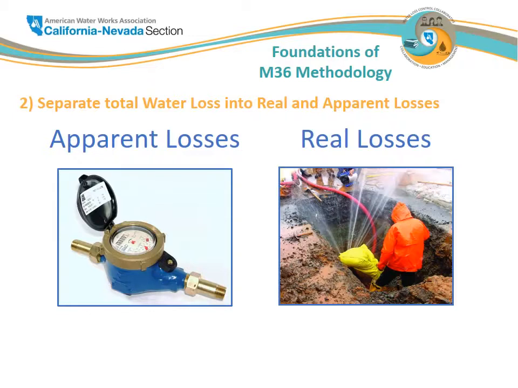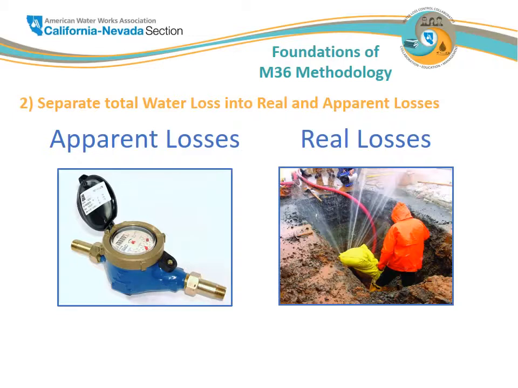The loss is a financial loss. So we deliver water, but we lose track of it, and we don't account for it appropriately such that we don't generate money for that delivery. That's an apparent loss. It's often referred to as a paper loss because it's an issue of accounting and revenue. It's not an issue of physical water that's lost.